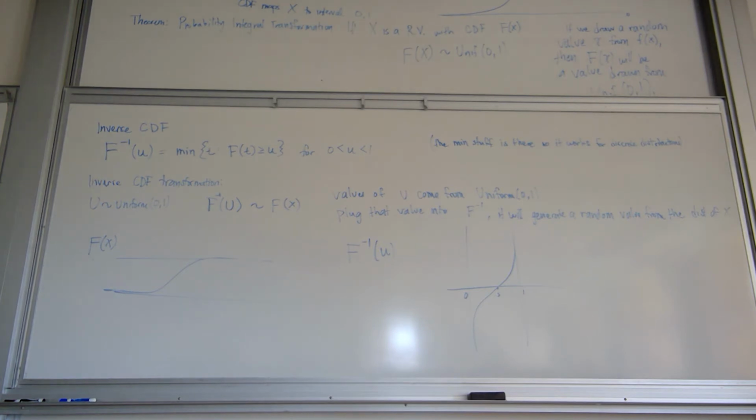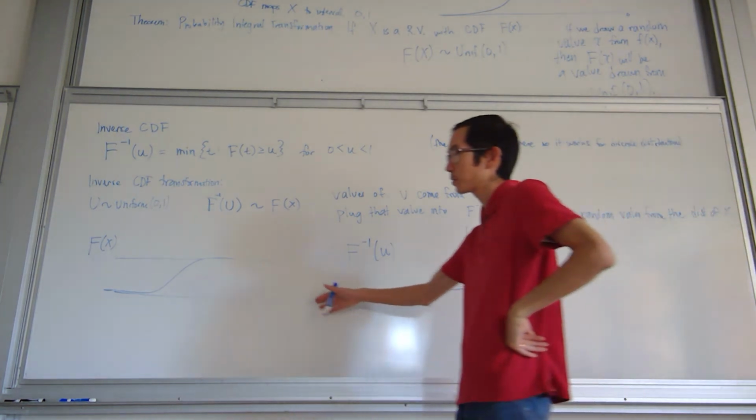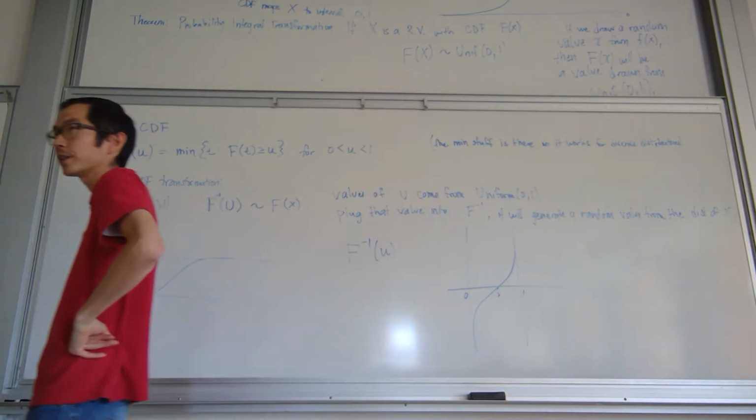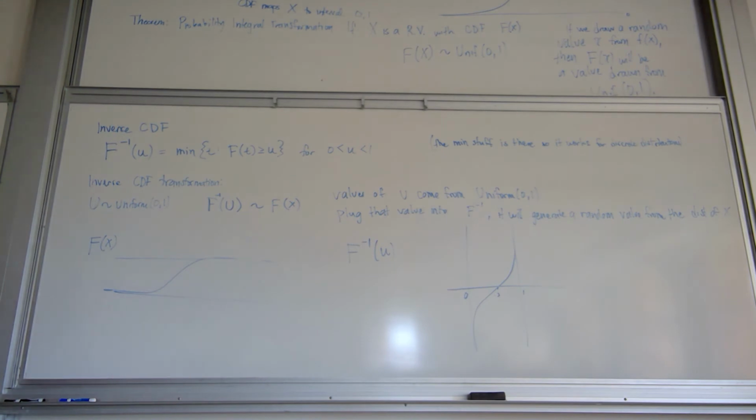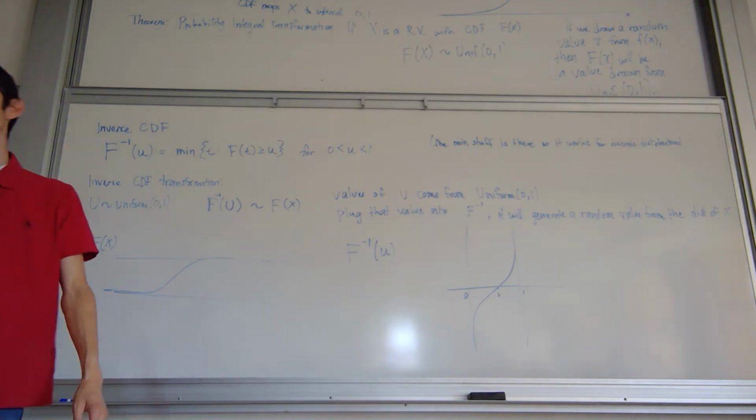In R, what do we use to get the CDF of the normal distribution? What are the functions you use to access the normal distribution?